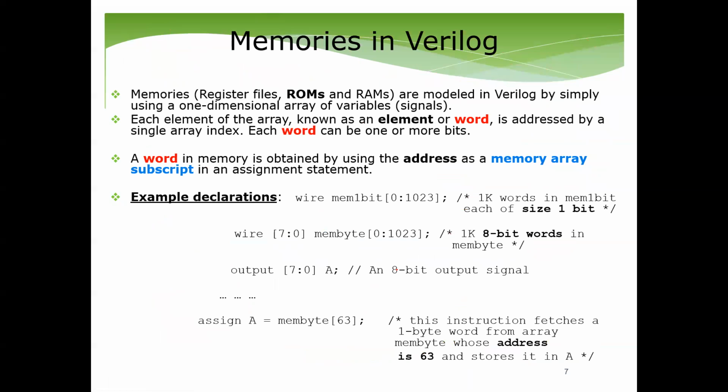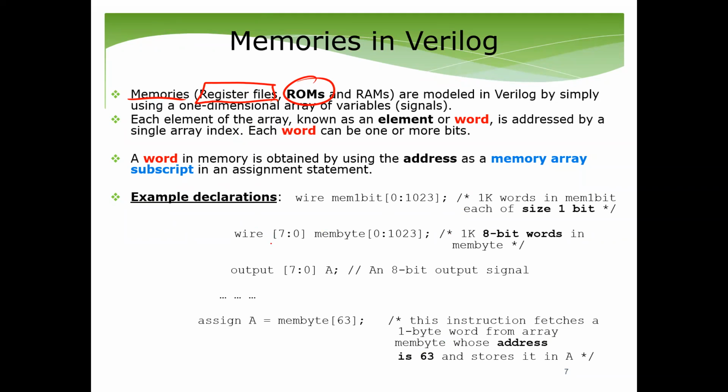Okay. Why do we need that? Let's create a memory ROM and we will see how we can benefit from this 2D array declaration. So memories, in our case we're talking about ROMs, but memories can also be something called register files.